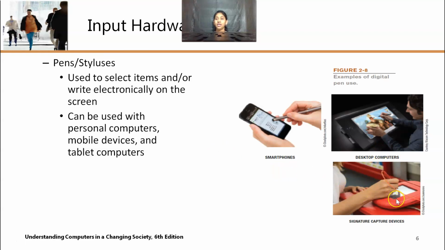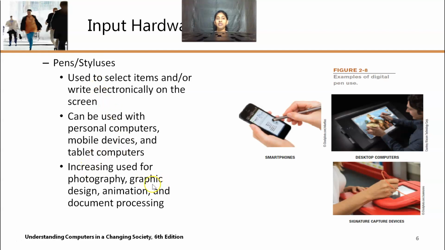And you can also sign. These are signature capturing devices. You have pen. So pens and styluses are used for digital writing, and we use software like handwriting recognition software when you are using pens or styluses.